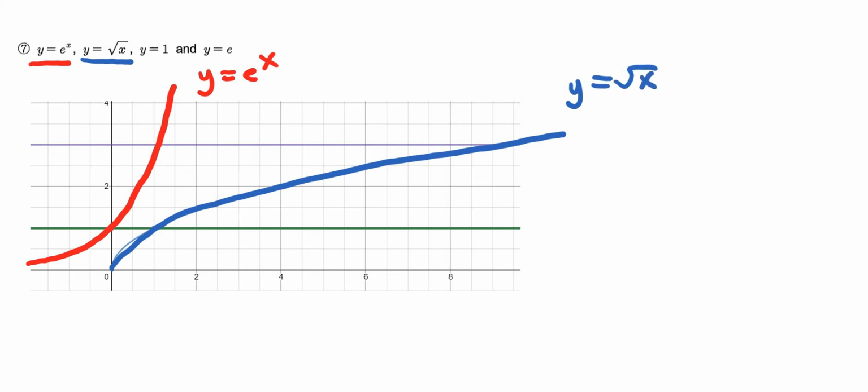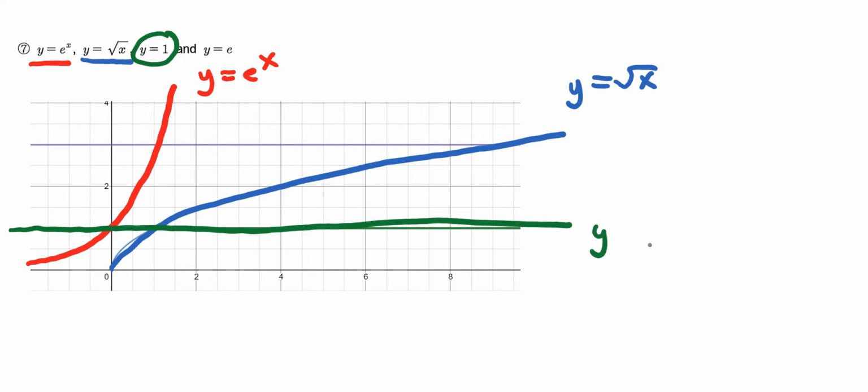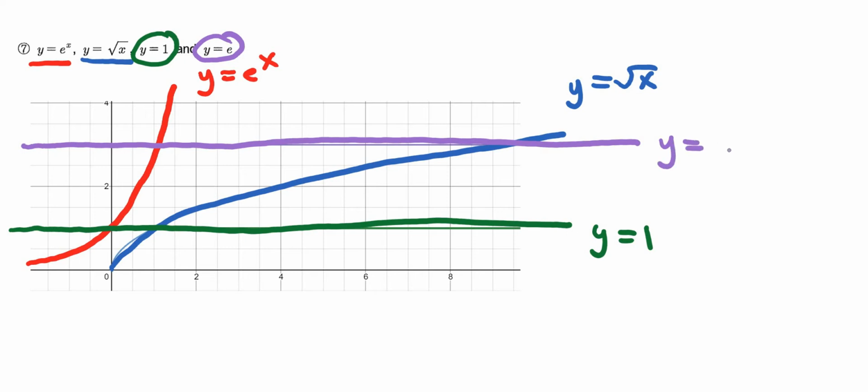I have y equals 1 here, so that's just a horizontal line right there in green. And I also have this other horizontal function, y equals e, which is a horizontal function right there, and e is a constant as well. And the area that's being enclosed by all 4 of these graphs is this yellow region right here.